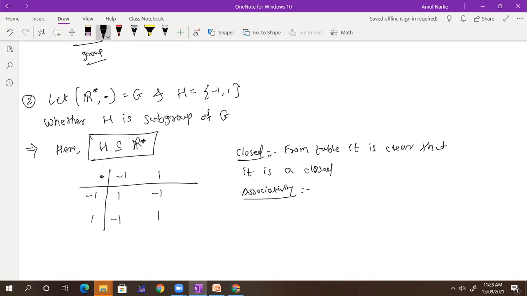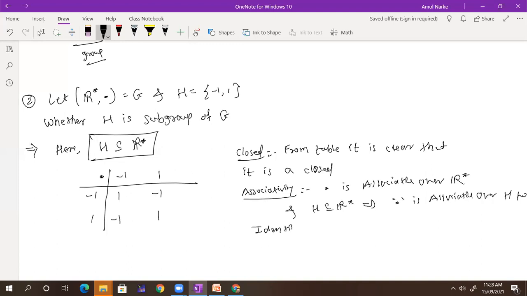We know that dot is associative over R and over R star, and H is a subset of R star. This implies dot is associative over H too.